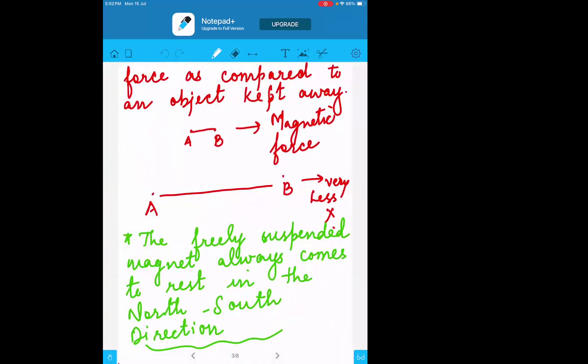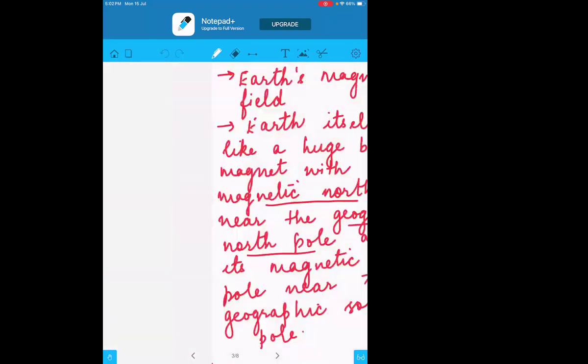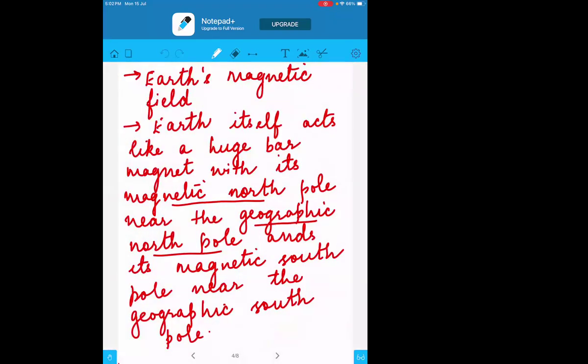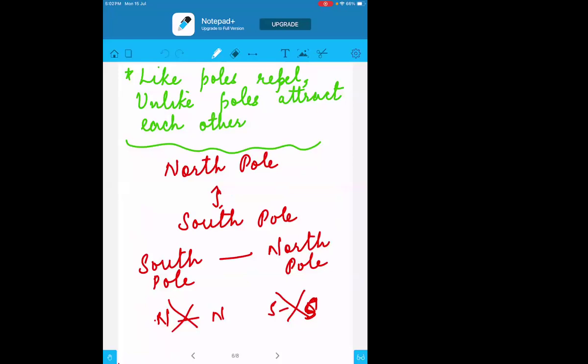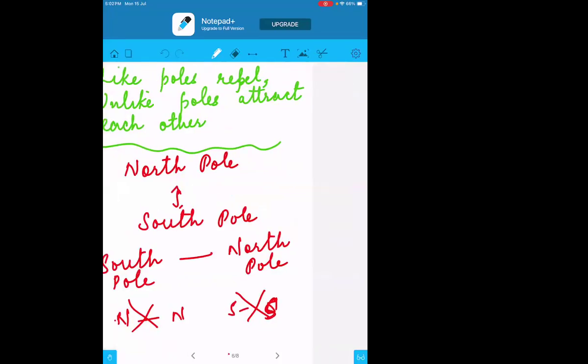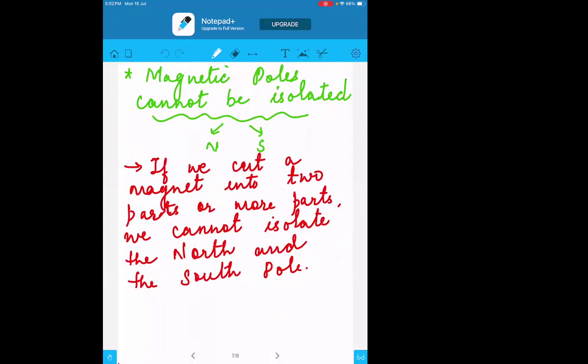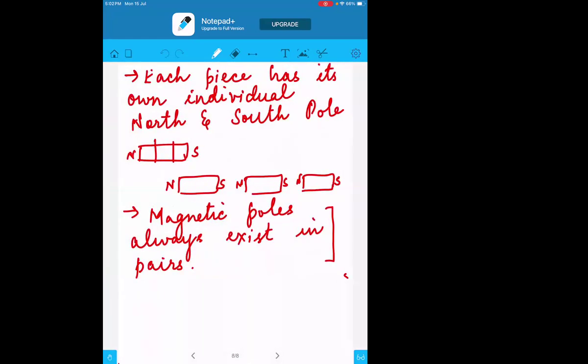Then the second property says that if we leave them freely suspended, they always come to the north-south direction. It is because of the Earth's magnetic field. Then the third property says that like poles repel, unlike poles attract. And the last one says that if we try to isolate the magnetic poles, we cannot do that because they always exist in pairs.